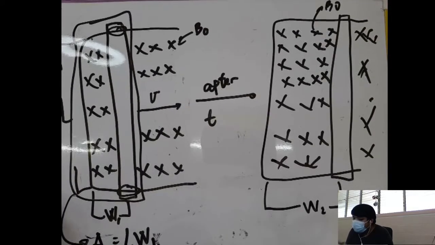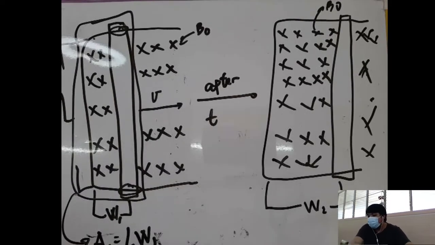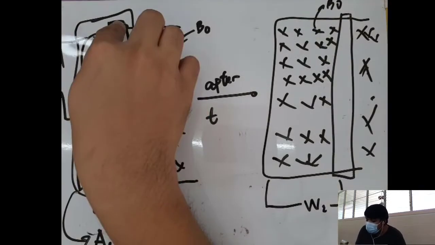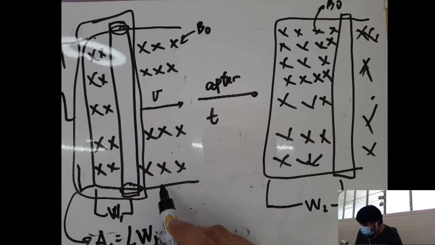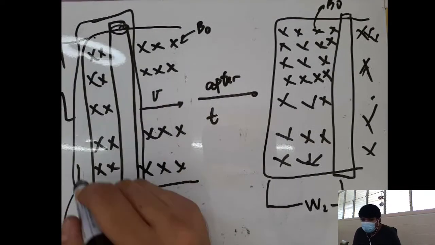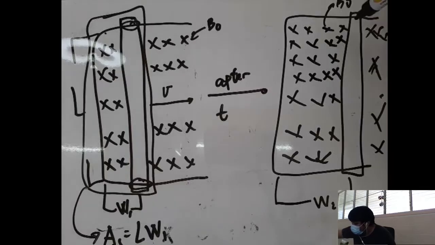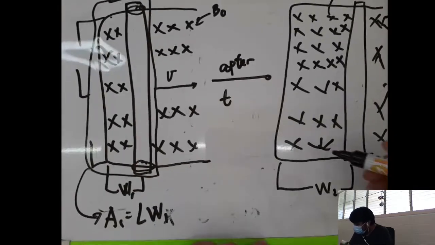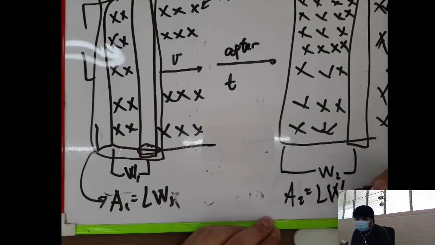Let's say you moved the conducting wire perfectly, such that it did not skew at an angle. So it is exactly parallel to length L of the rail, and when you pull it, it's still parallel to the length L of the rail. Thus, the area covered here will be LW2, right?